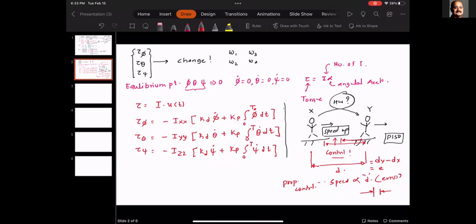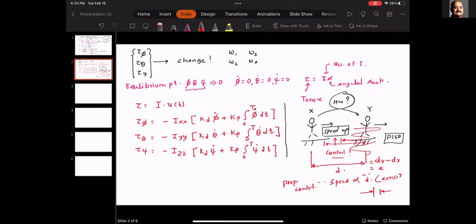Rather than reaching over here, he may go forward, backward, but not exactly at that point. So how would I take care of either the steady state error, or how would I take care of this overshoot? And that is where these additional components come in the picture.